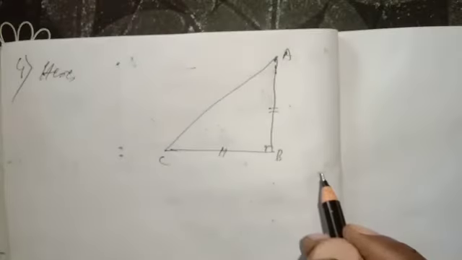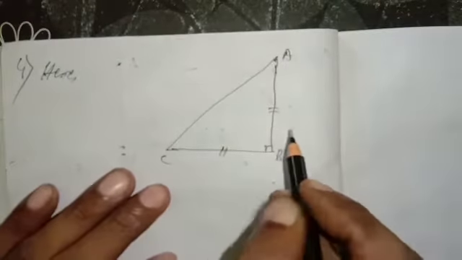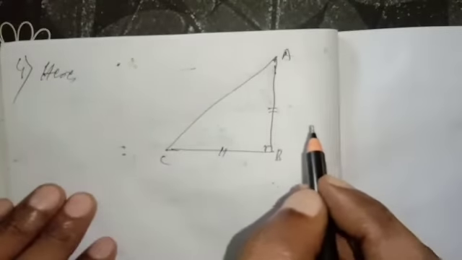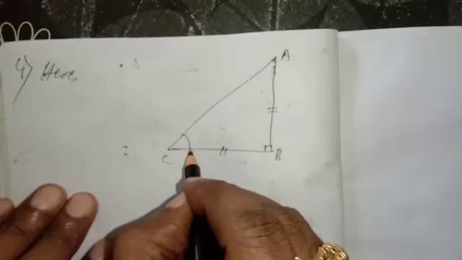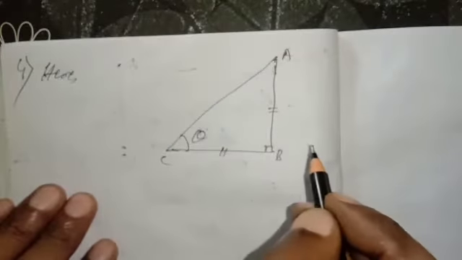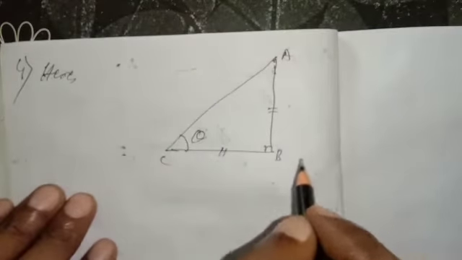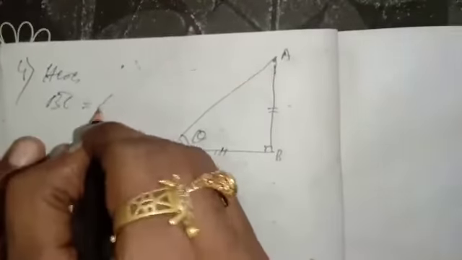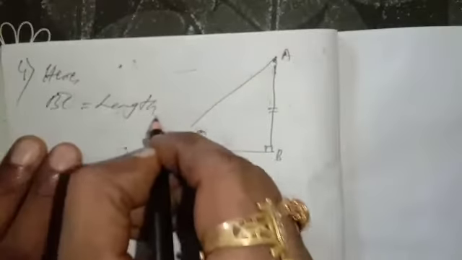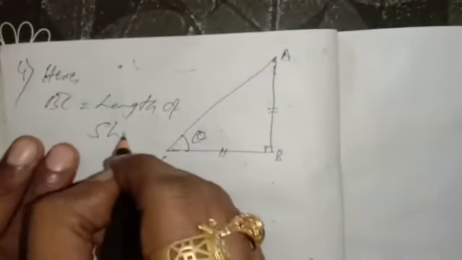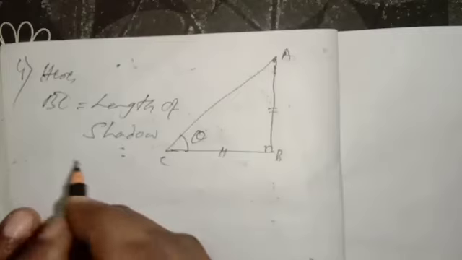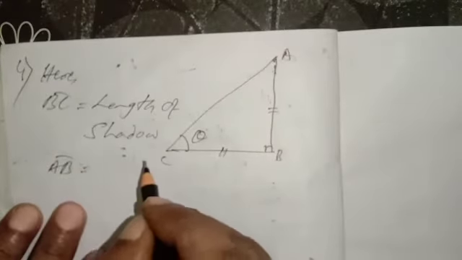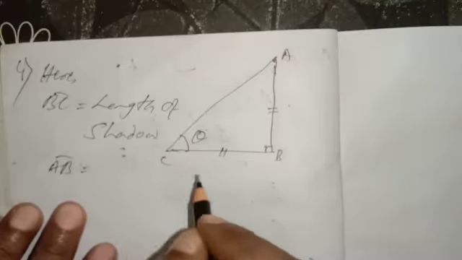Let us see question number 4. As per the question, you have to find out the angle of elevation; let the angle of elevation be theta. The length of the shadow BC is not given, and AB is the height of the vertical pole.